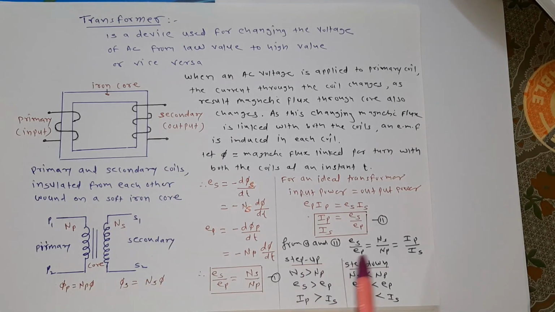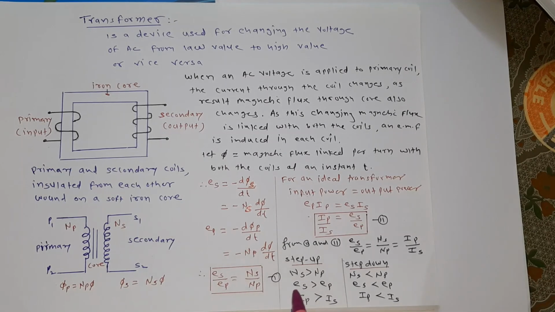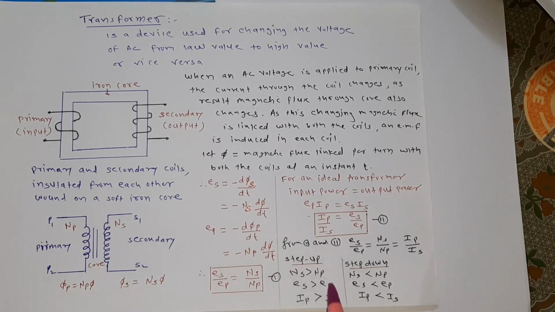For a step up transformer, if I see this equation, the EMF in secondary में ज़्यादा होना चाहिए, तो EMF secondary में कब ज़्यादा होगा? The number of turns in secondary has to be greater than the number of turns in primary. EMF in secondary has to be greater than EMF in primary, but current को inversely proportional है. That means current in primary has to be greater than current in secondary. This is the condition for a step up transformer.